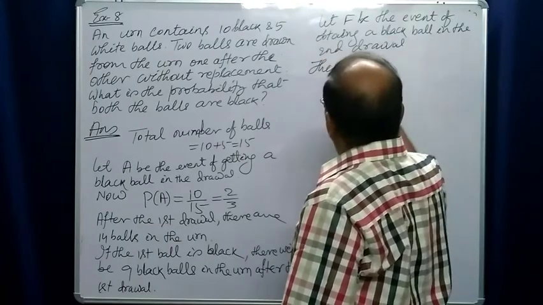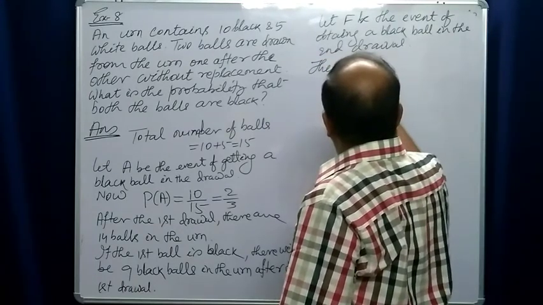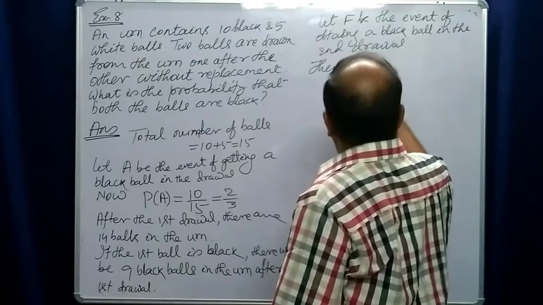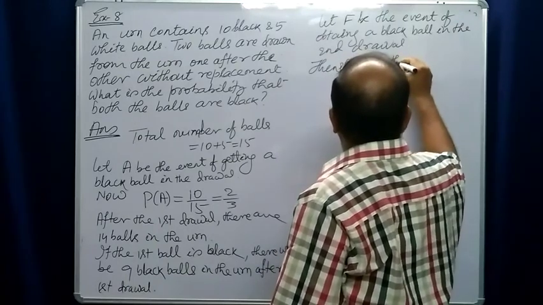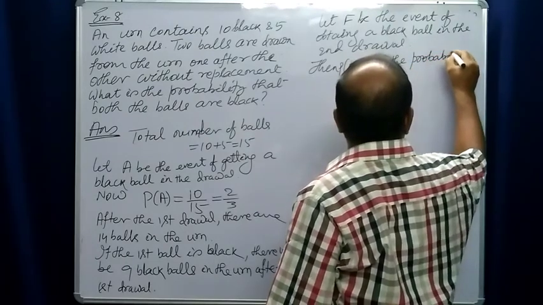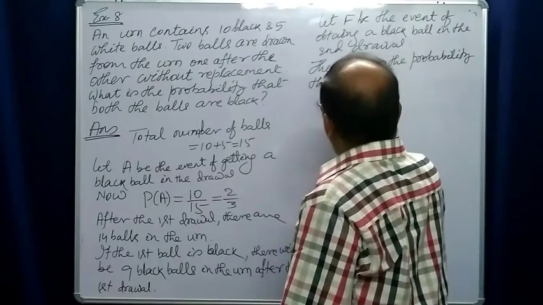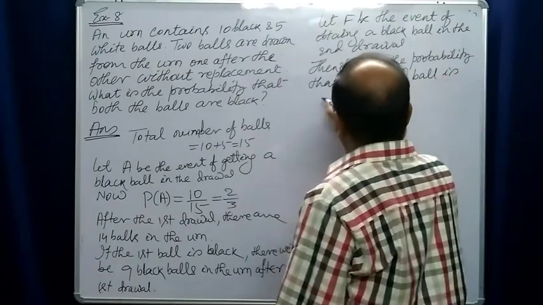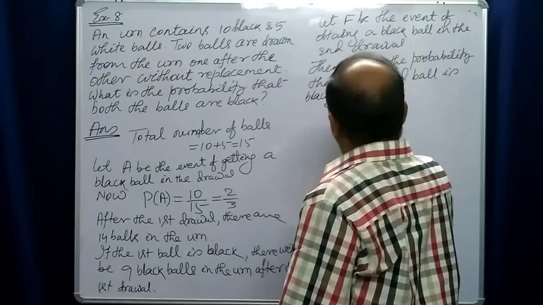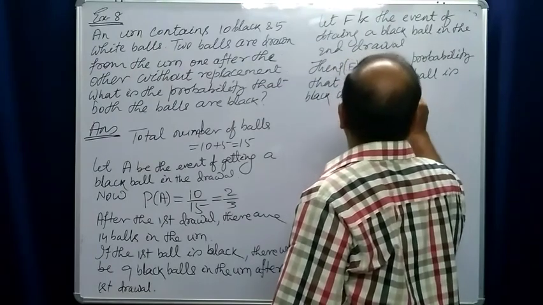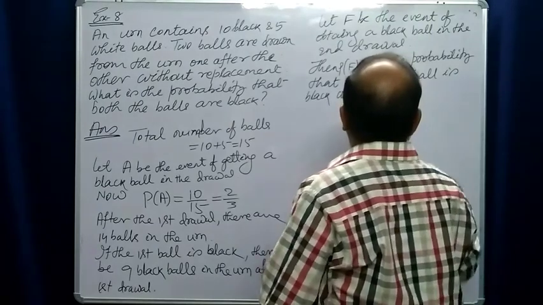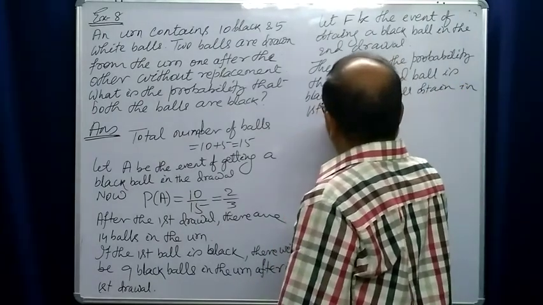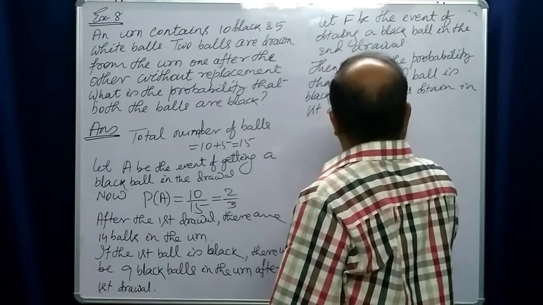Then probability of F condition E. F condition E is the probability that the second ball is black when the ball obtained in the first draw is black.